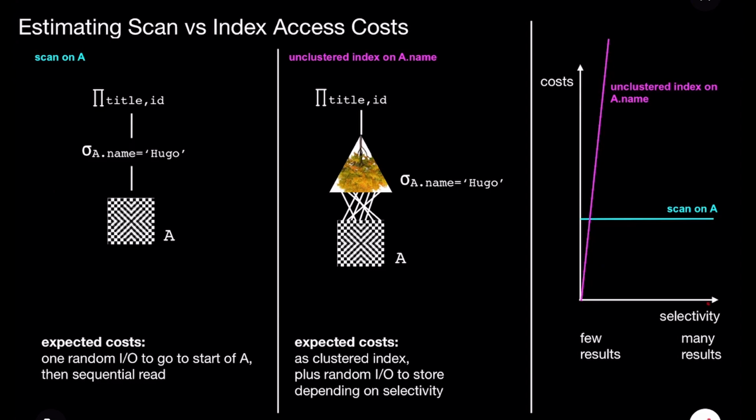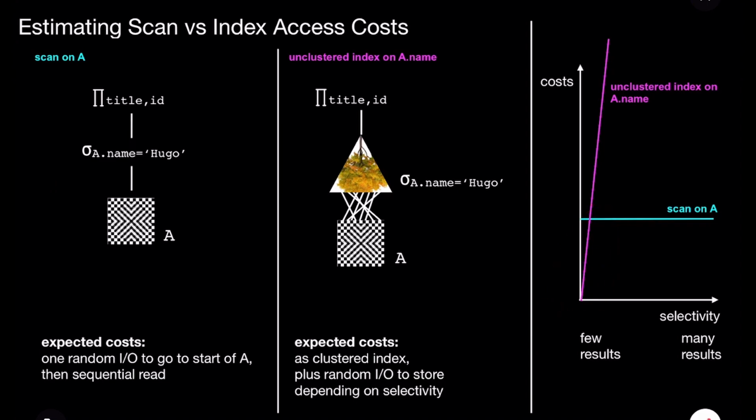But basically, it leads to curves like that. So if you vary the number of qualifying tuples, from few results qualify versus many results qualify for the selection, just looking at this selection, you can compute the costs depending on this selectivity. If you only have few results, then in this space the unclustered index seems to be a good idea.